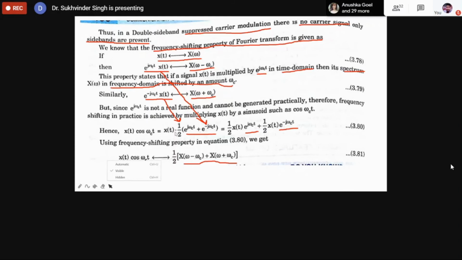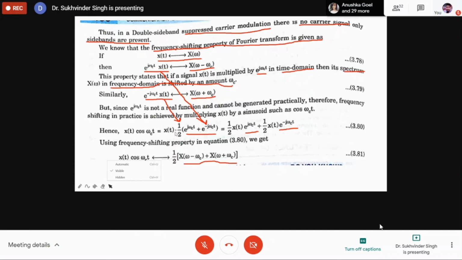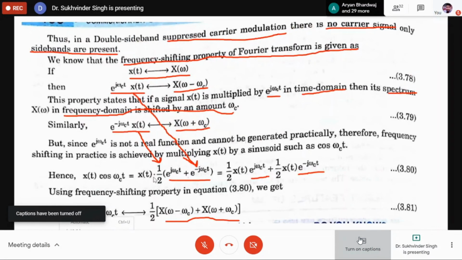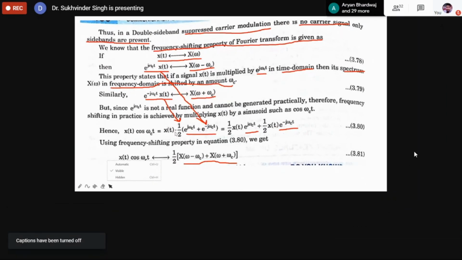So on substituting these values, half xt e raised to j omega ct, half xt e raised to minus j omega ct. Now we can replace these quantities with capital X of omega minus omega c, the function in frequency domain with the lower frequency component, which represents the lower sideband, plus X of omega plus omega c, which represents the function in frequency domain with the higher frequency component, that is the upper sideband.